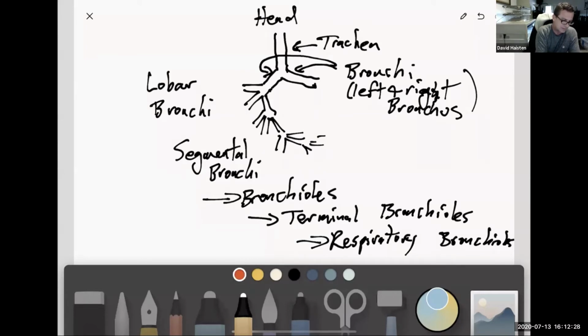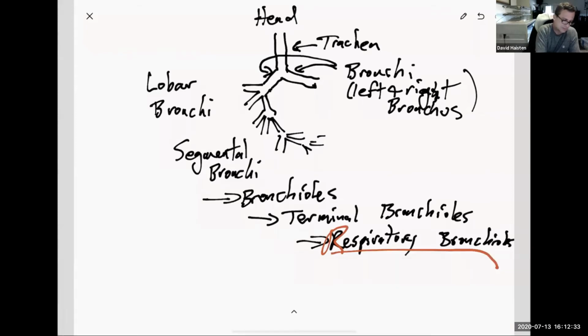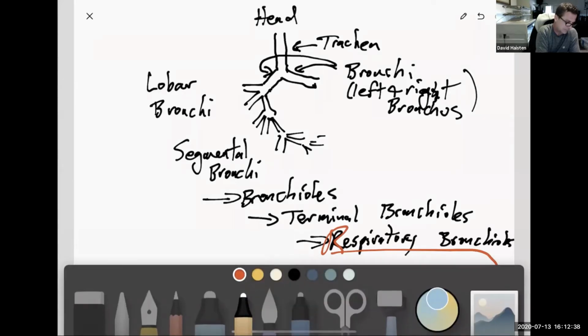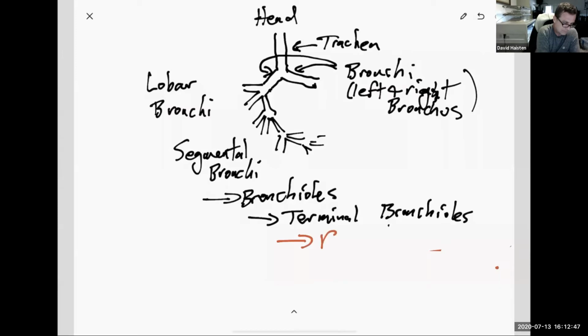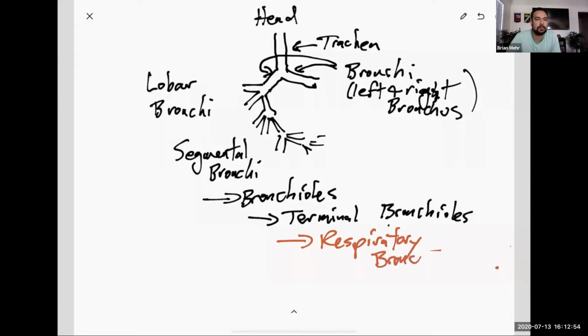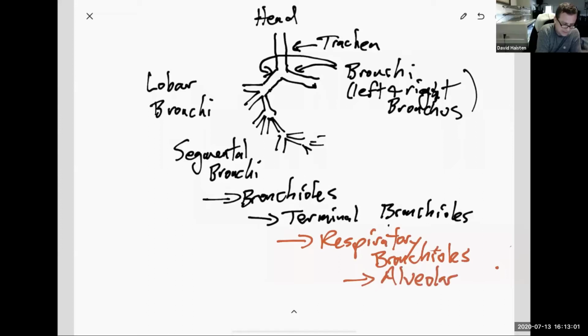So let's actually make this red. Respiratory bronchioles. I'll rewrite it for you so it's red. We go into alveolar ducts.